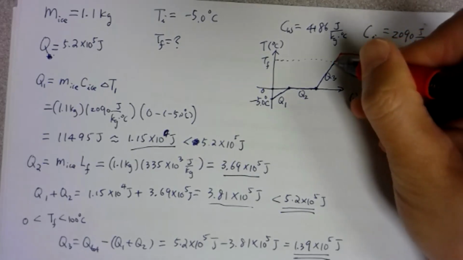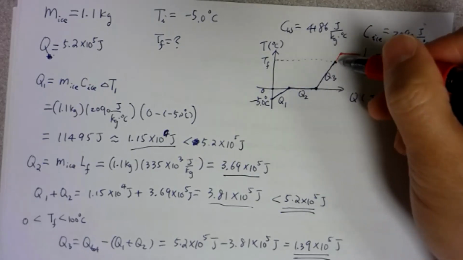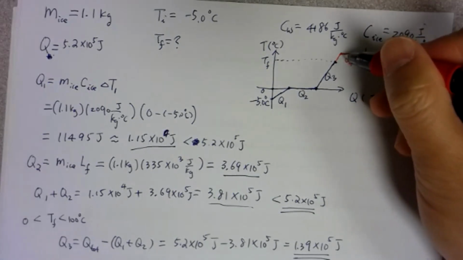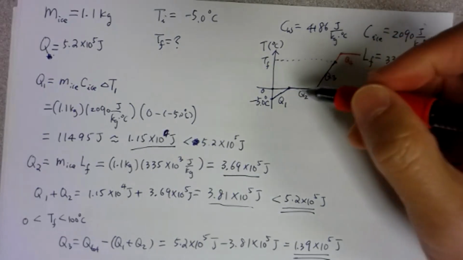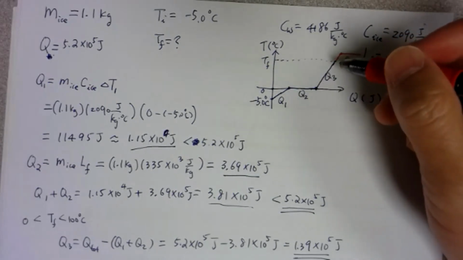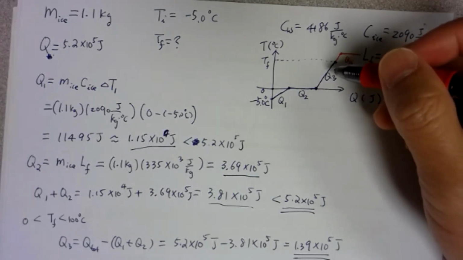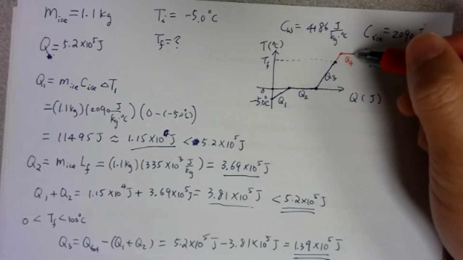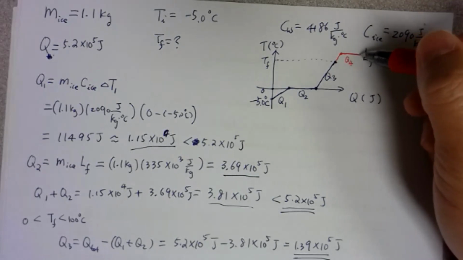So now you have Q1, Q2, Q3, and you also would have Q4. In that sense, you recalculate what your Q3 will be and then add Q1, Q2, Q3 up. Those three added up should be less than your Q total, and then Q total minus those three gives you Q4.